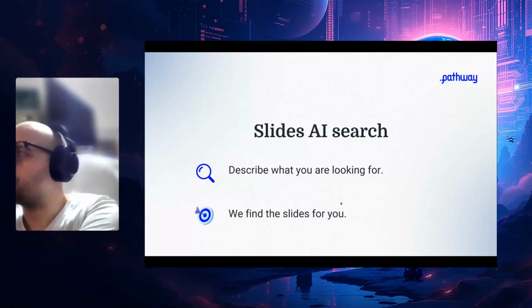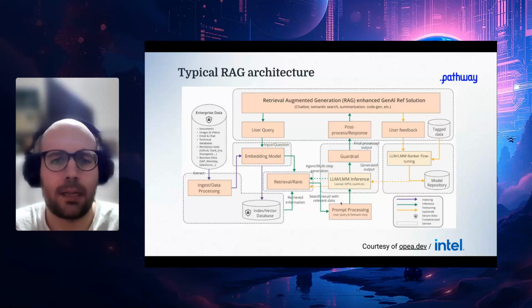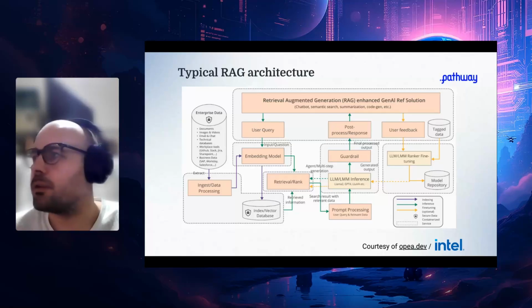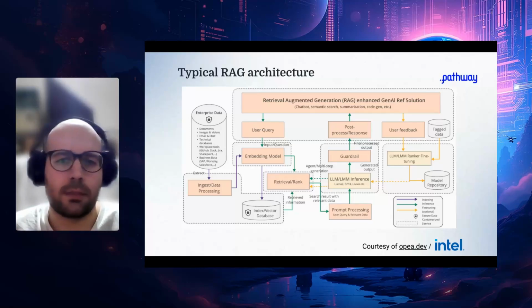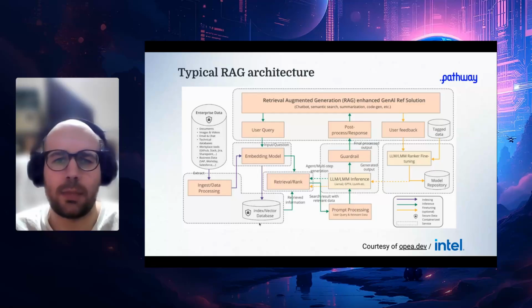So what I have here is a typical RAG architecture, and it's a very generic one. It's not yet the slide search, just the standard RAG architecture. On the left, we have indexing, from the ingestion of documents through embedding to storing them in some vector database or some other index.